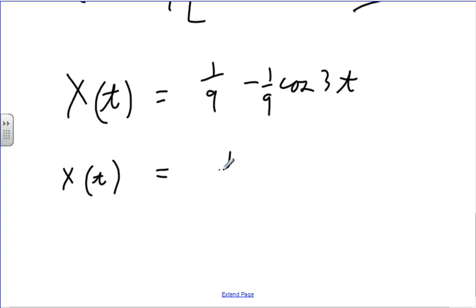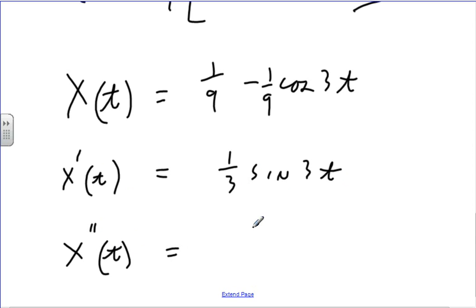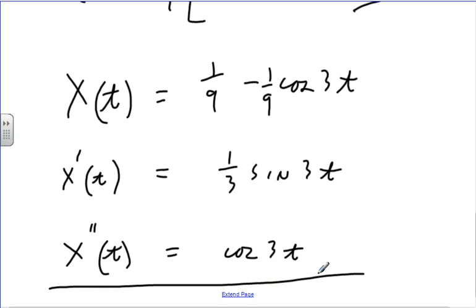So that'd be 1/3 sine 3t, and x double prime would be cosine 3t, and I want this number 8, want one of them, 9 of those, and when I get done I want to have 1.